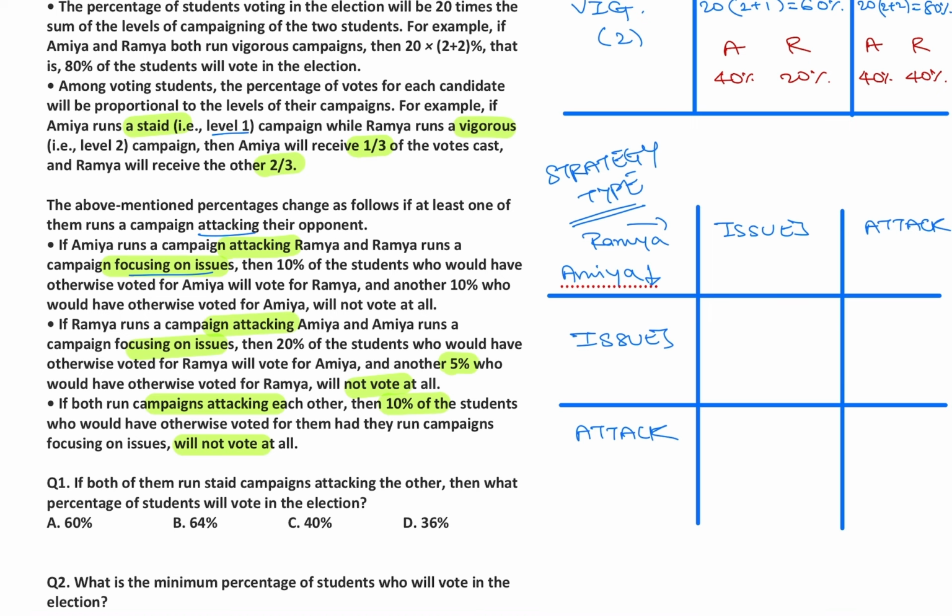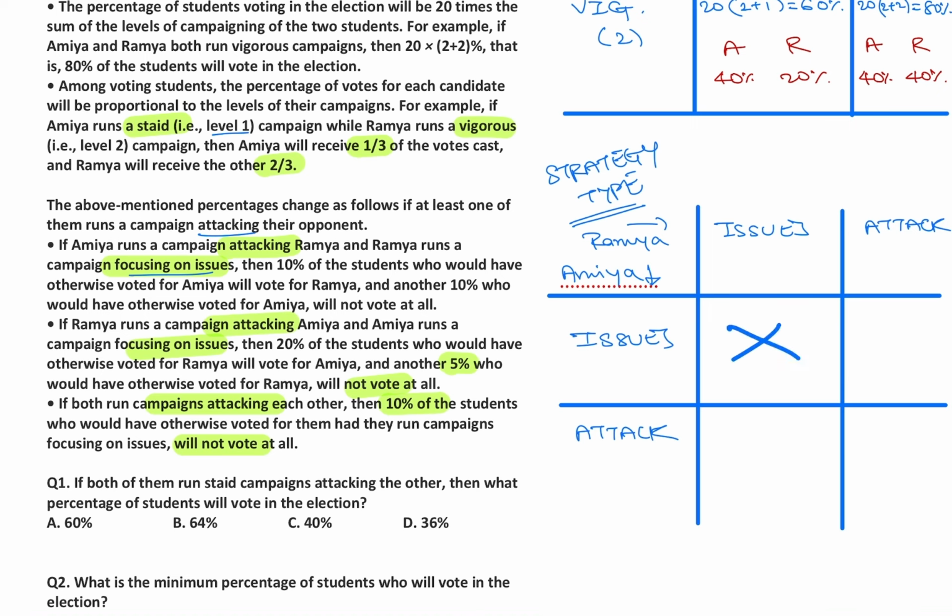Okay, so let's write all the data that's given to us. If Amya is running a campaign attacking, Ramya is okay. So one thing, if Amya is also running a campaign focusing on issues and Ramya is also running a campaign focusing on issues, there won't be any problem, right? And we don't have any data with respect to that. So here, there won't be any data.